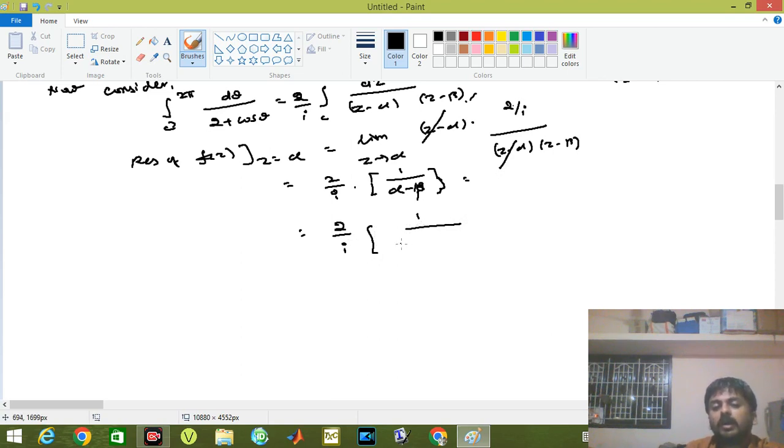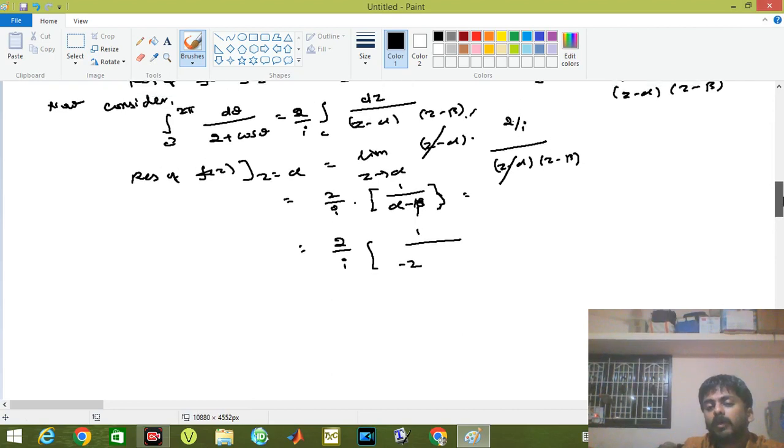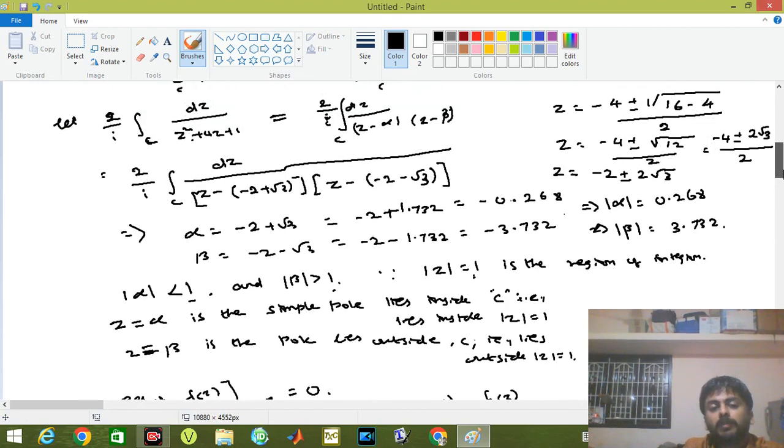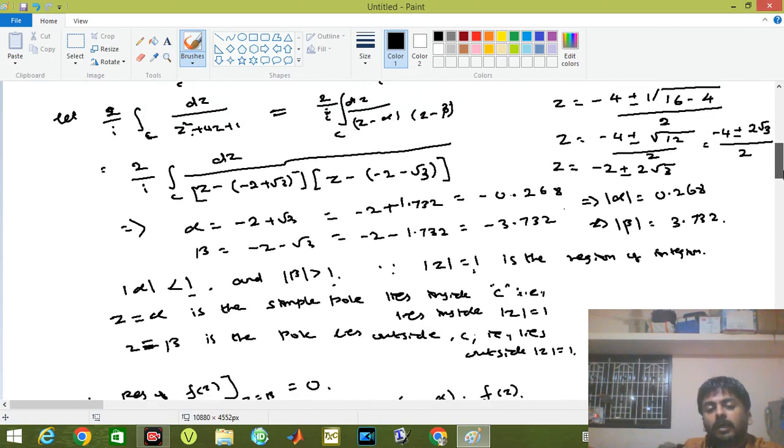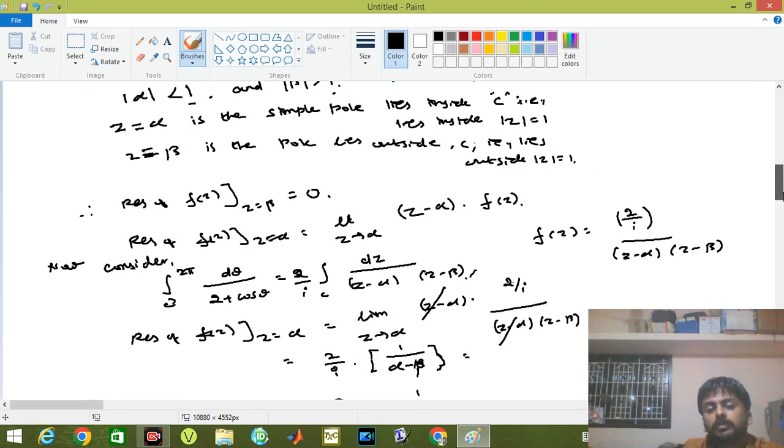Alpha value is minus 2 plus root 3, minus 2 minus root 3.